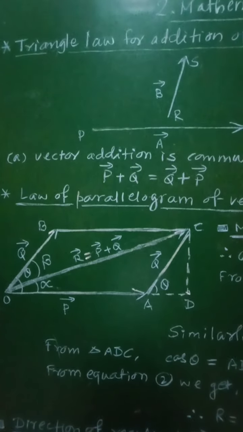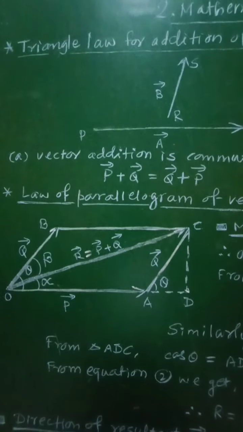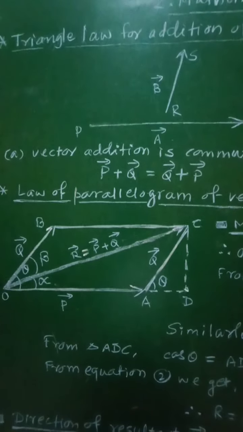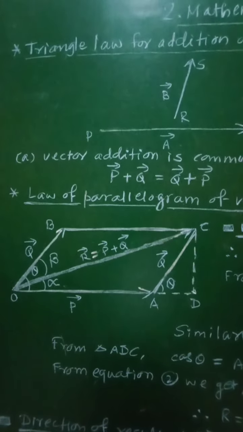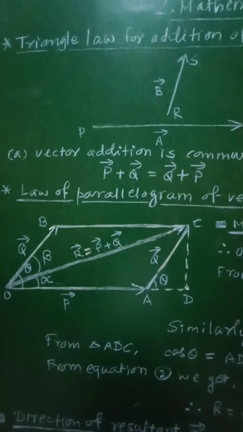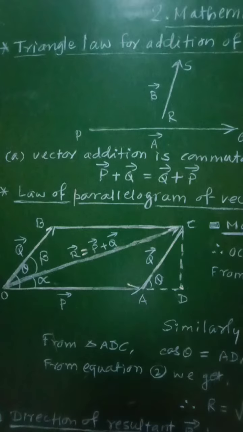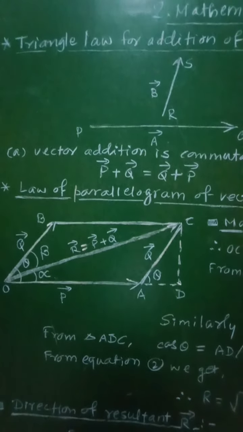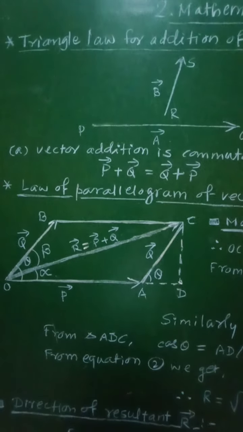If two vectors of the same type originating from the same point are represented in magnitude and direction by two adjacent sides of a parallelogram, then the resultant is given in magnitude and direction by the diagonal of the parallelogram starting from the same point.